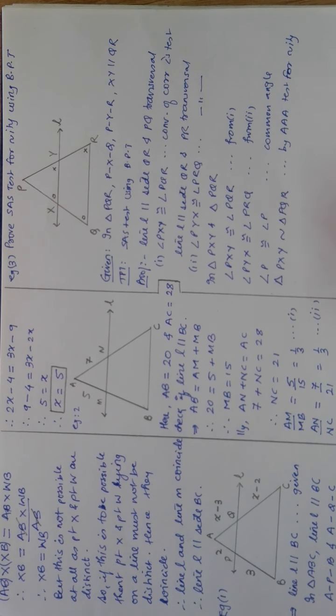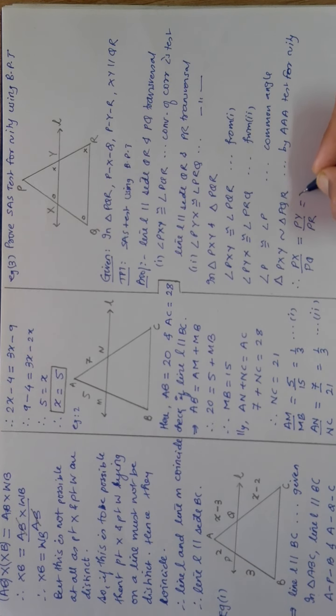Now, in this, you will get PX is to PQ equal to PY is to PR. Already all three sides I can write, so equal to XY is to QR.